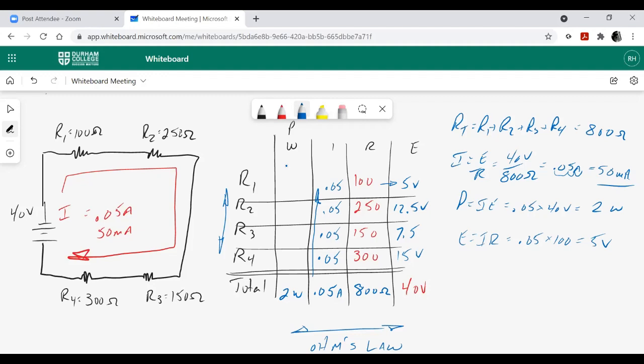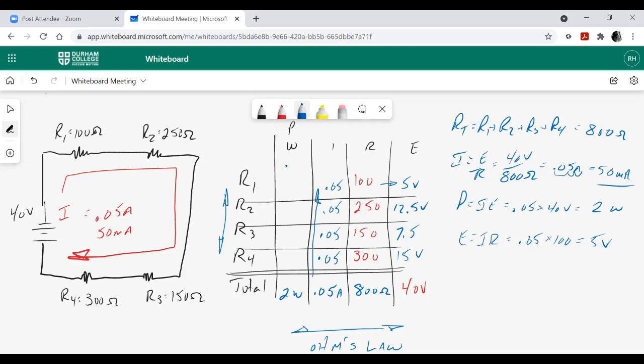I came down, went around and came back, and ended up closing the loop here, sort of a big spiral. These voltage drops added up to be 40, so it must be right.